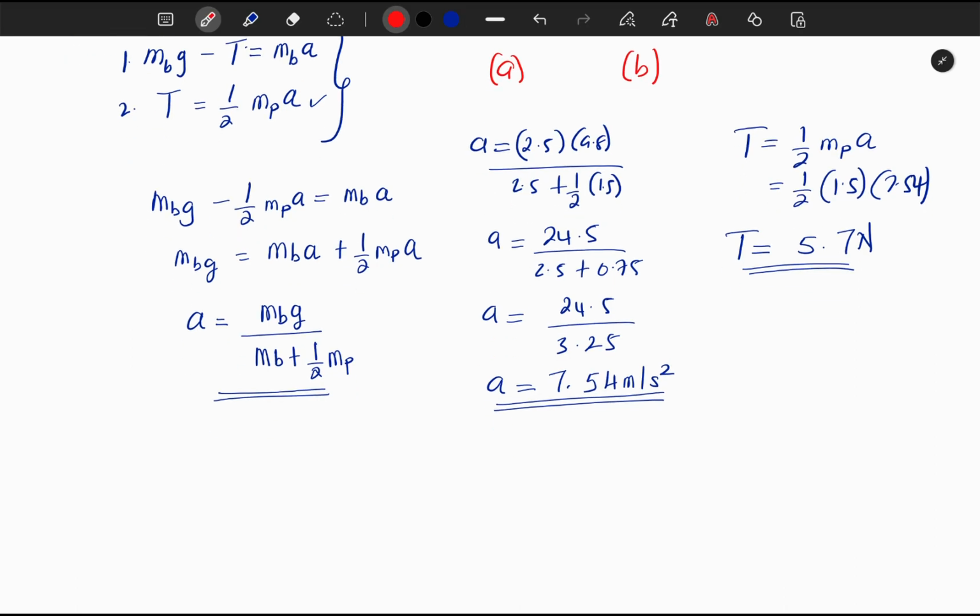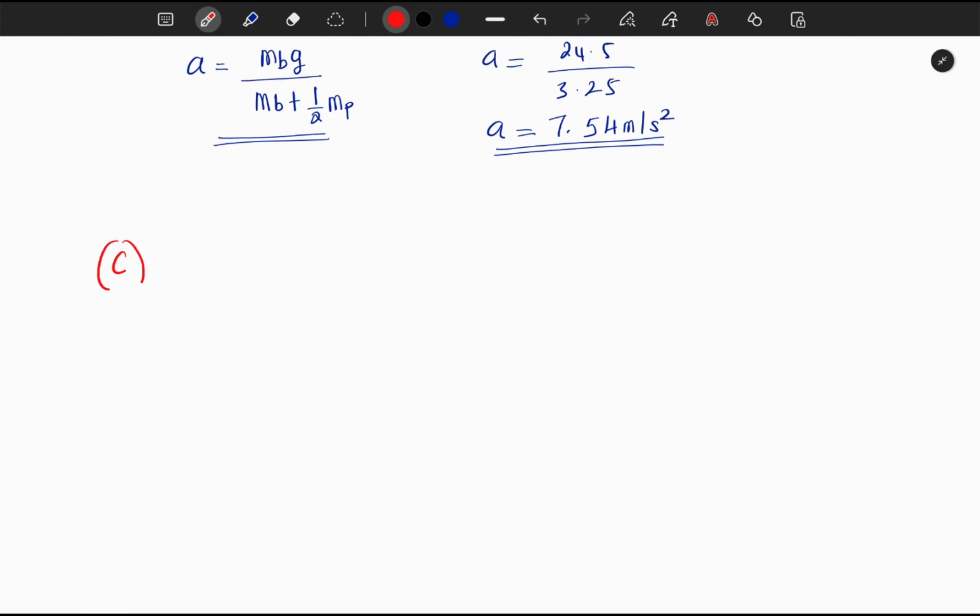Now, to answer part C, everything is simple now. Part C is asking for the speed. For us to find the speed, we can use V squared is equal to U squared plus 2AD. You know this formula. We're looking for V squared is equal to initial velocity 0, plus 2 times acceleration 7.54, times the distance 2.2.